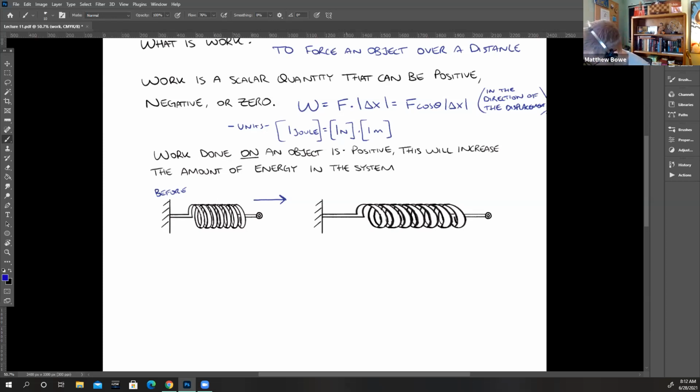So I'm going to say by applying a force over a distance, work is done on the spring.